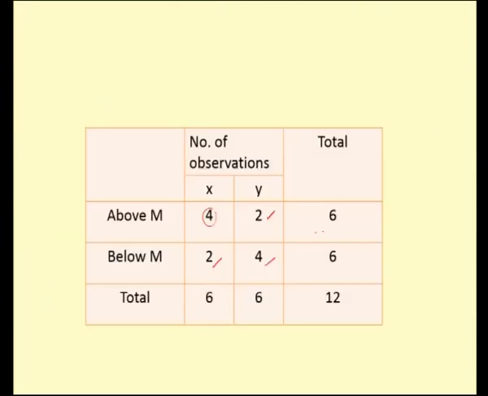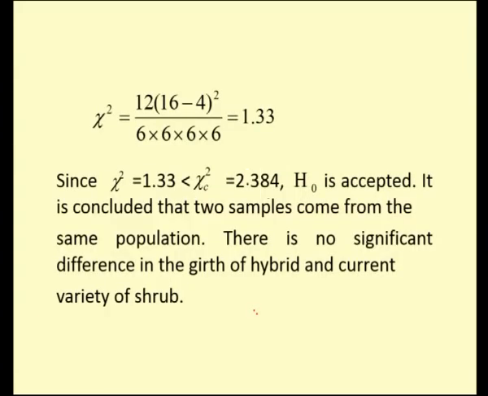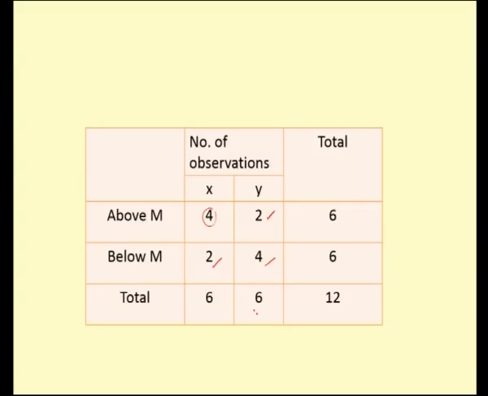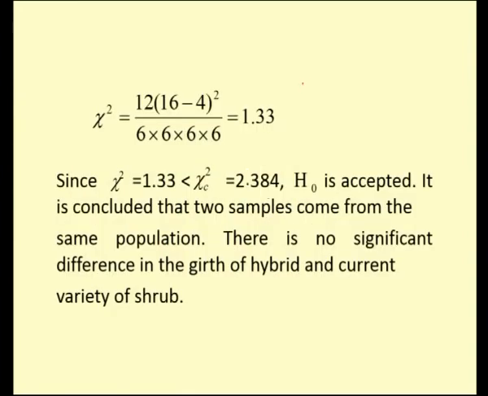Now, add up the row total and the column total. So, you have filled in the tabular column. Now, you have to do the calculated value. Here this is your capital N. Chi squared is equal to N into AD minus BC the whole square divided by the sum of the rows and the sum of the columns.